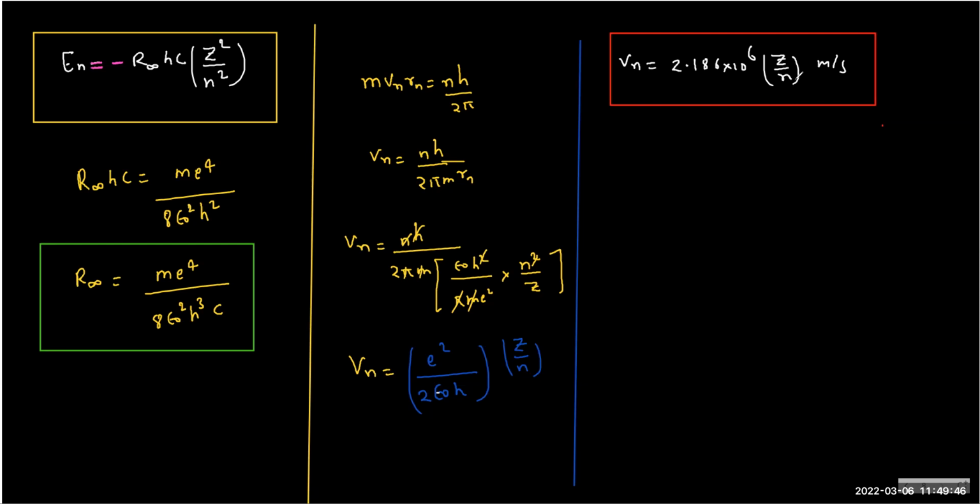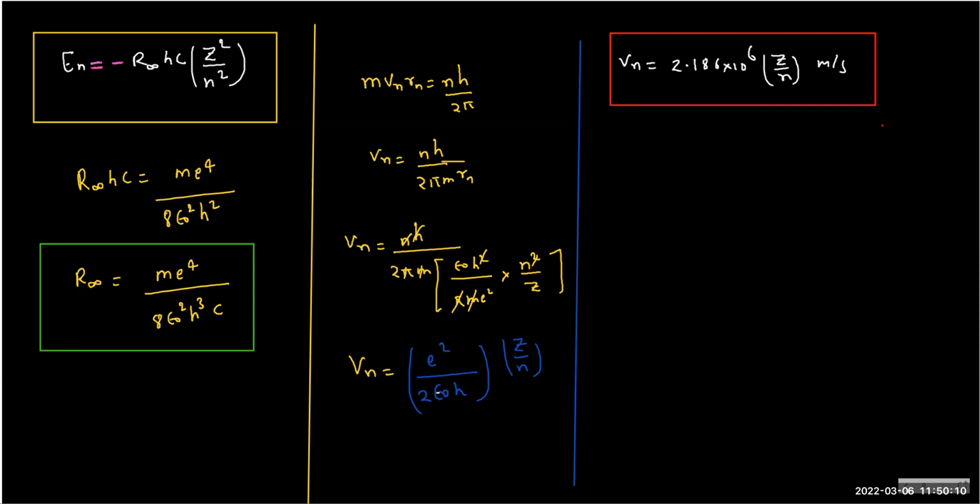As n grows, v will decrease. So when n tends to infinity, v tends to zero, which simply means that you're not under the attraction of the nucleus at all. So you're not supposed to move. Simple, that's the meaning.